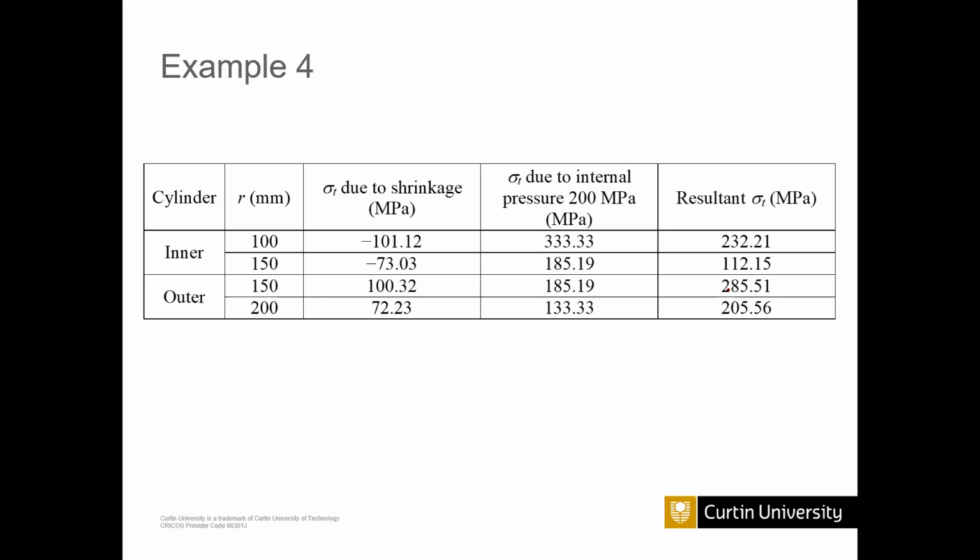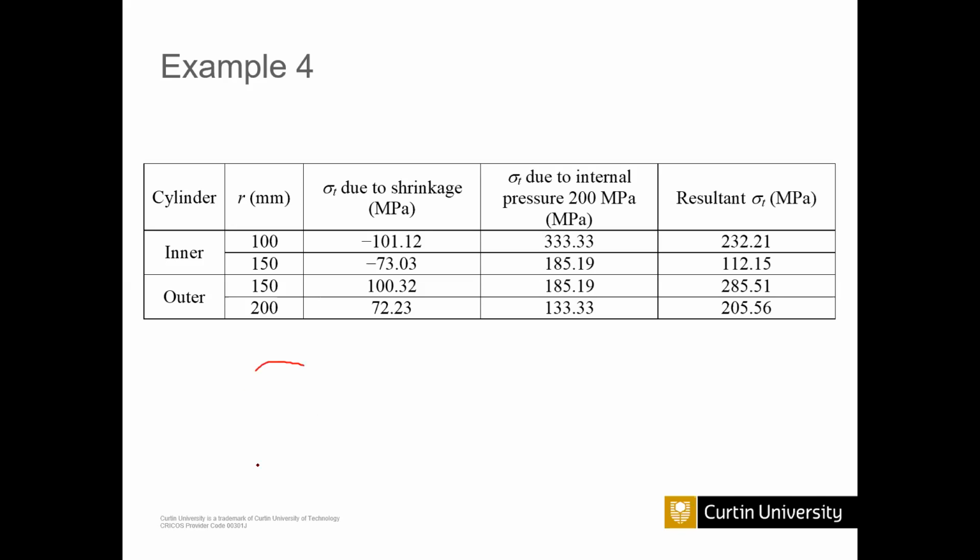In the compound cylinder, the higher tangential stress is available at the contact surface, but it is also less than the single cylinder inner surface stress. That's why I told you we will use this technique to reduce the stress buildup inside the material.